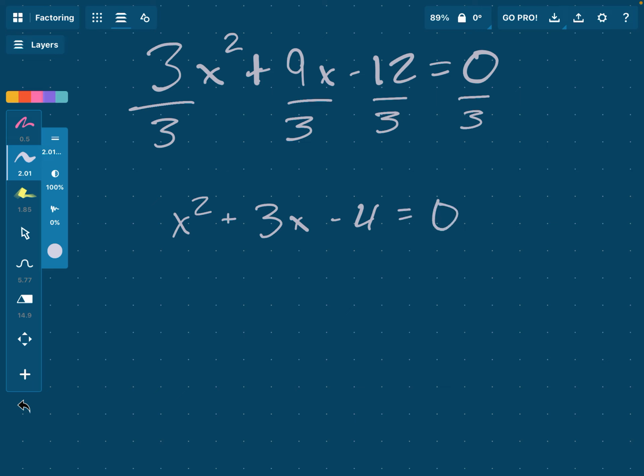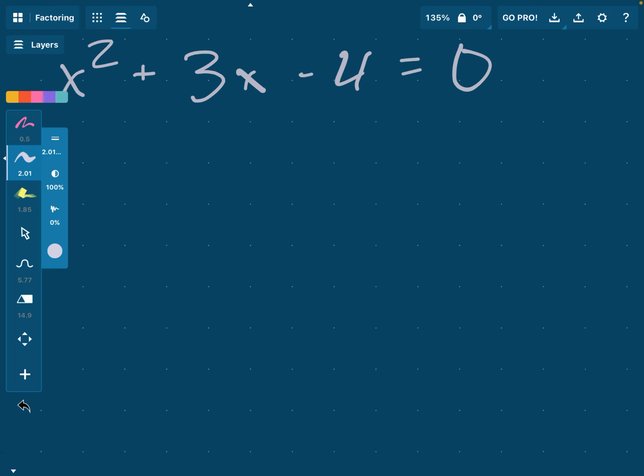And now we've transformed this quadratic into one that we're much more comfortable with, and one that we could probably solve a little quicker as well.